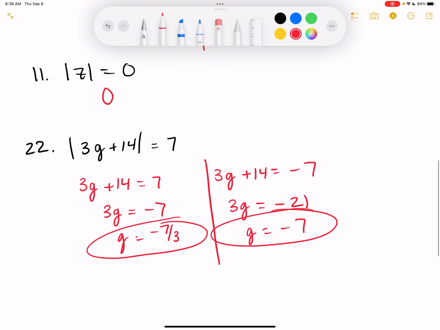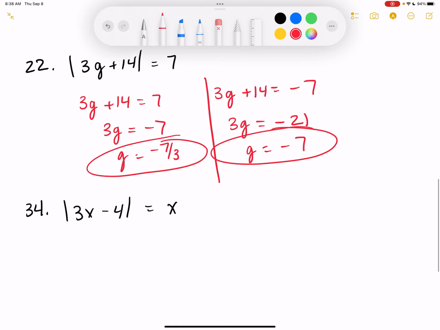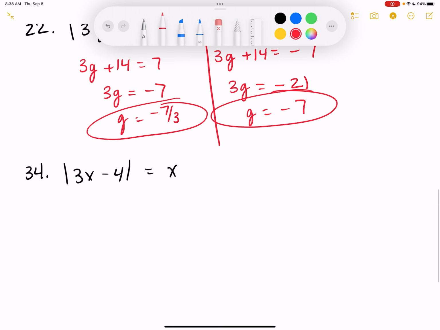So let's look at 34 first. We have the absolute value of 3x minus 4 equals x. So how would I set this one up? Two equations. 3x minus 4 equals x, and 3x minus 4 equals negative x.